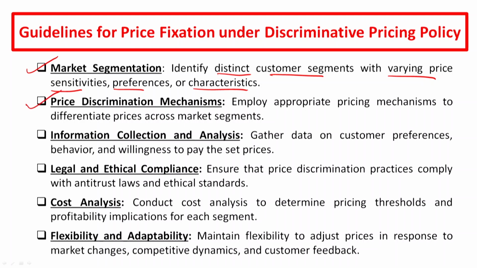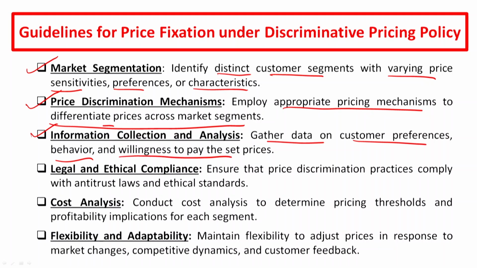The second requirement is price discrimination mechanisms: employ appropriate price mechanisms to differentiate price across different segments. The third being information collection and analysis: gather data on customer preferences, behavior and willingness to pay the set price. The fourth is legal and ethical compliance: ensure that price discrimination practice complies with the antitrust laws and ethical standards.